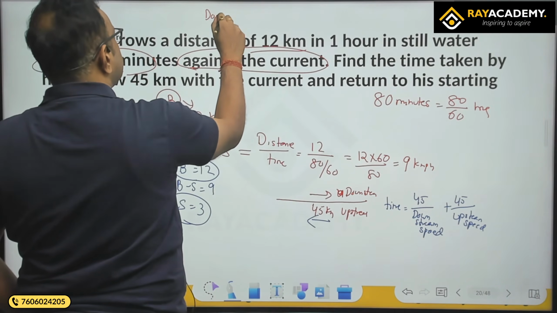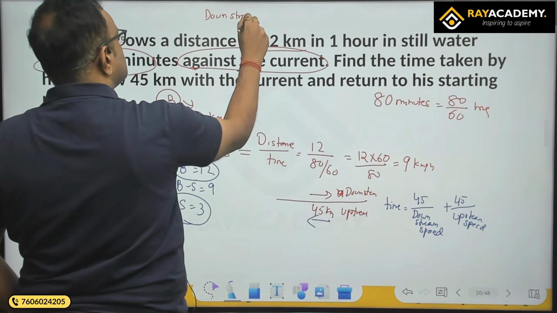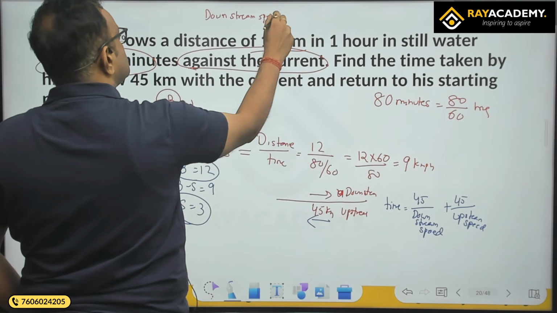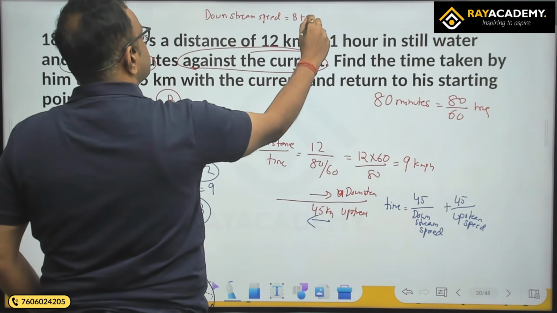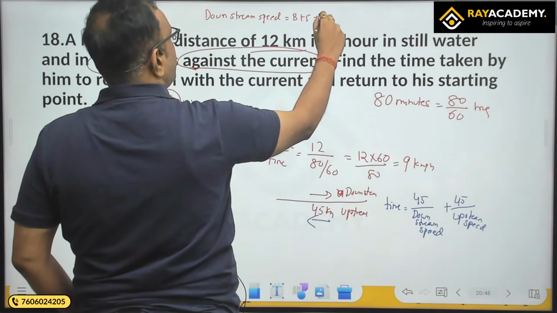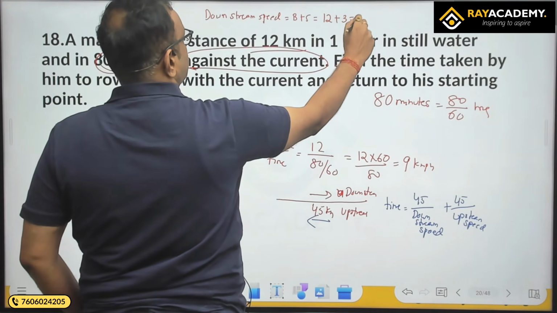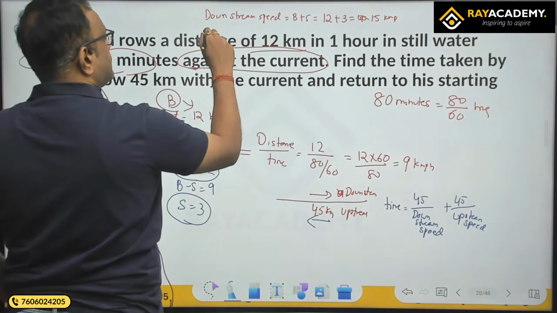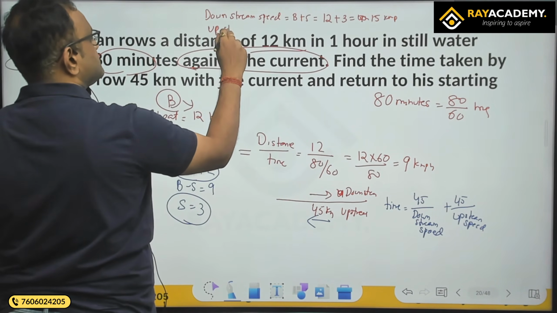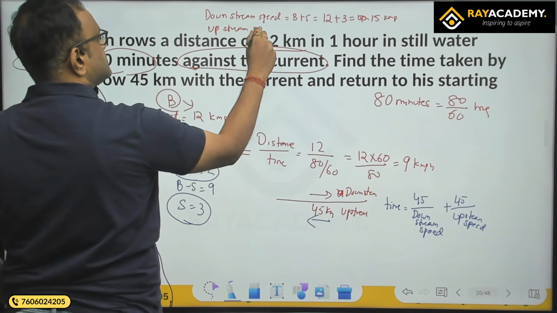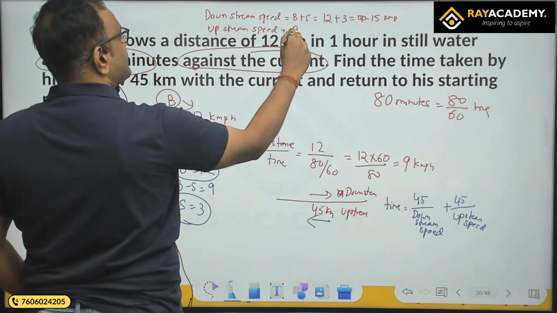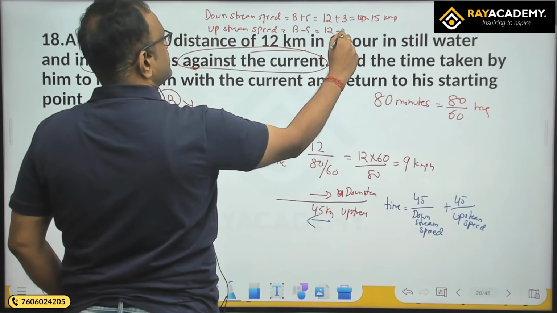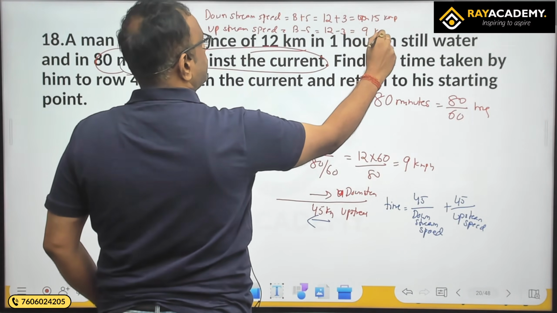Downstream speed is B plus S. So that is B, we have got 12 plus 3, that is 15 kilometer per hour. What is upstream speed? That is B minus S. That is 12 minus 3, that is 9 kilometer per hour.